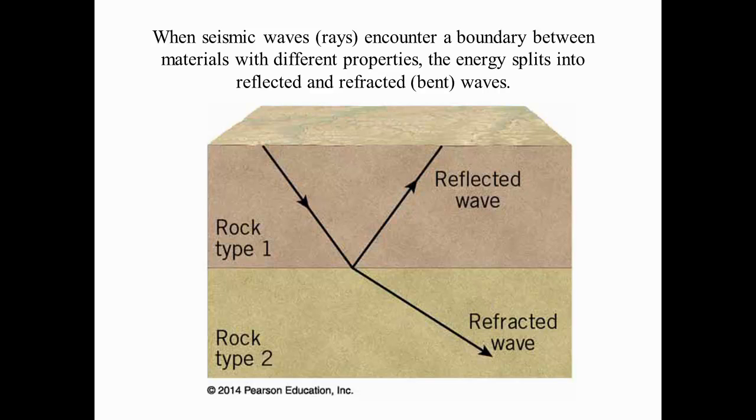And notice that when the seismic rays, or in this case waves, encounter a boundary between materials with different properties, the energy splits into both reflected and refracted or bent waves. The refracted wave continues into rock layer 2, but notice that its path has been bent in the process. And the way this bending occurs depends on whether the rock layer 2 speeds up the seismic waves or slows down the seismic waves.